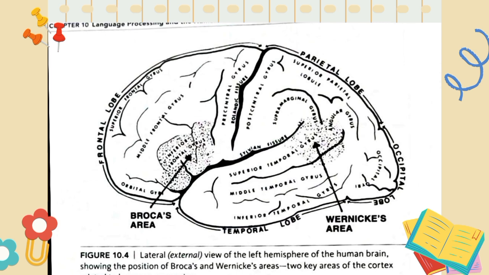While often discussed separately, they work together in a complex network to facilitate our ability to communicate effectively. Damage to either area can result in specific language impairments, highlighting their specialized roles in this integrated cognitive function. The provided image clearly illustrates their relative location within the left hemisphere of the brain.